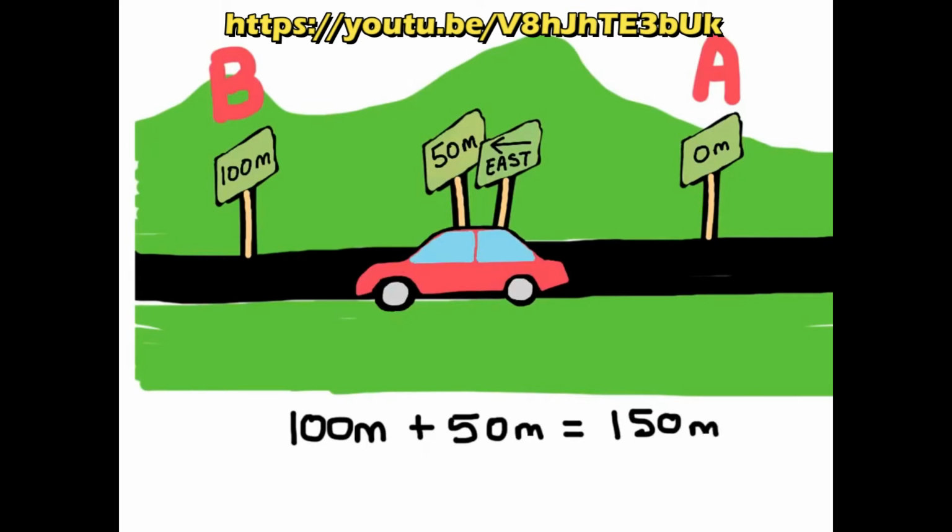Now if we look at its displacement, however, we're comparing its starting position, which was right here, to its finishing position, which is right here. And so its total displacement would be 50 meters to the east. In other words, it's 50 meters east of where it started.